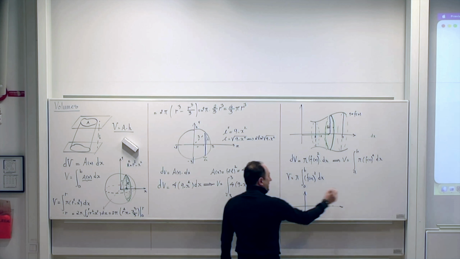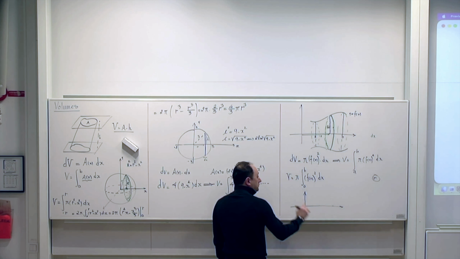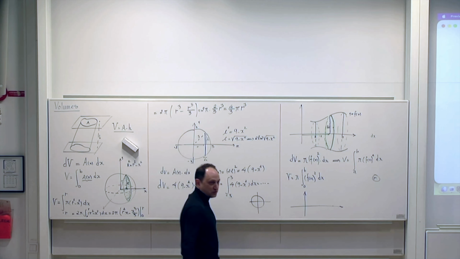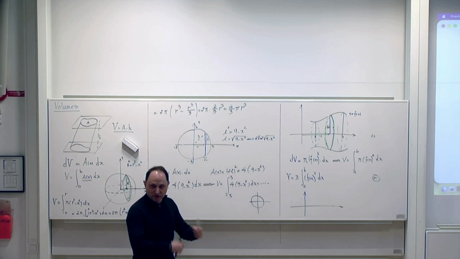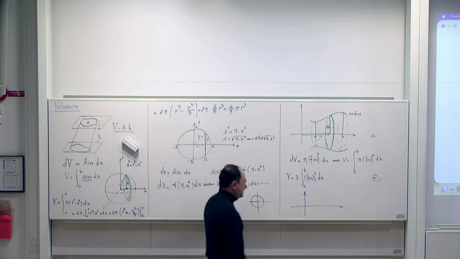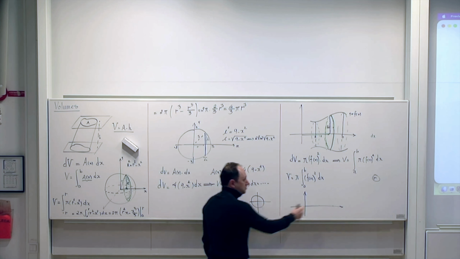I will take my sphere with radius r and ask myself, what function? Don't say the full circle. Of course, if I rotate the full circle, it also seems that I am generating the sphere, but that's not a function. I need a function. So tell me a function so that after being rotated it generates my sphere.